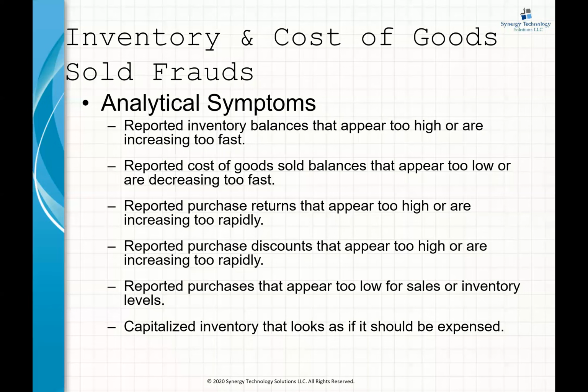Reported purchase discount that appears too high or is increasing too rapidly. Reported purchases that appear too low for sales or inventory levels. Capitalized inventory that looks as if it should be expensed. Okay, so you need to look into these items to cover the risk of fraud.